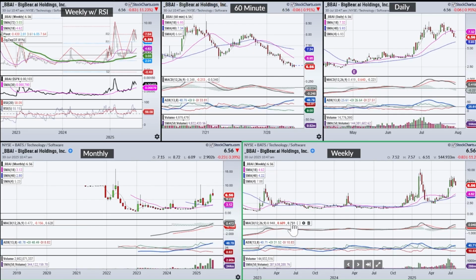All right, let's look at BBAI. Now, interesting enough, because I didn't do the show last week, I emailed the person who asked about this and told them how I felt like there was resistance up here. You can see all this resistance from basically 8.5 up to 10. I think I maybe defined it as 9 to 10 or something like that.